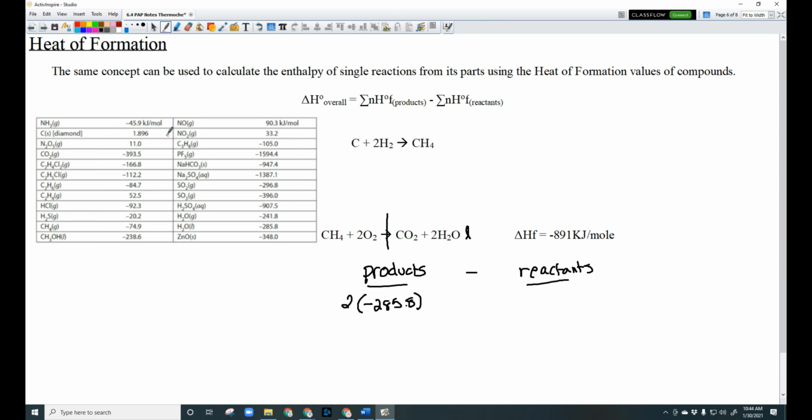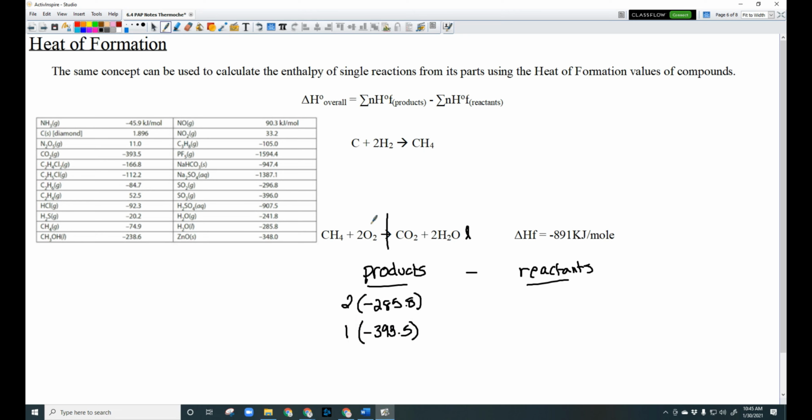So I'm going to come over here and find carbon dioxide right here. Carbon dioxide is a negative 393.5, okay, times the number of moles of carbon dioxide is 1.